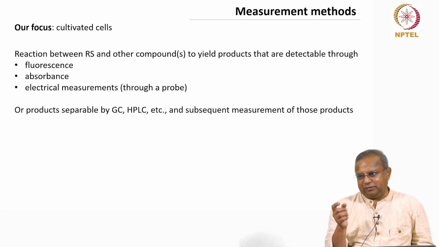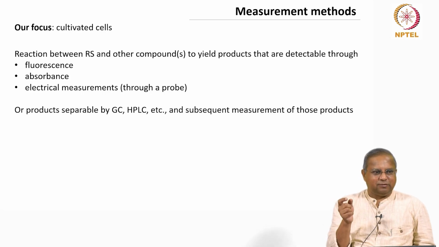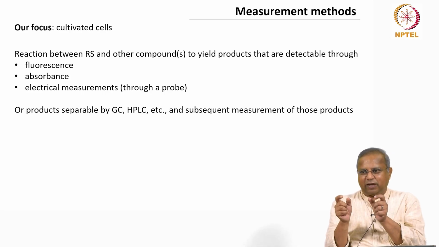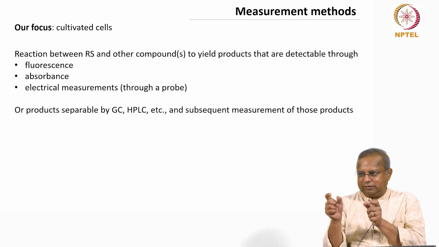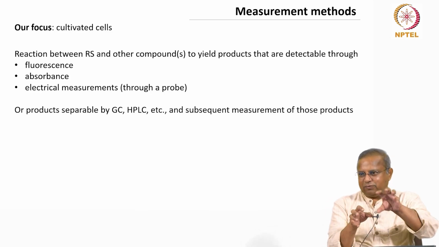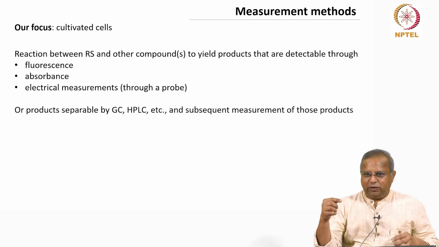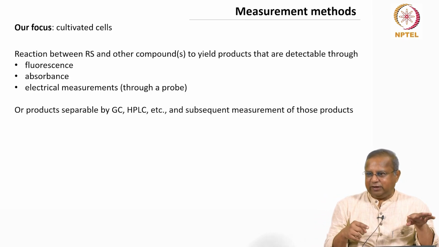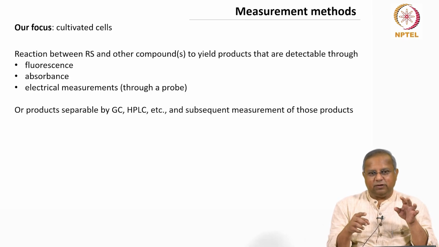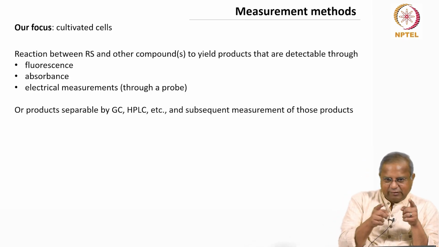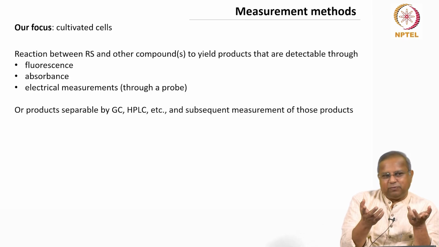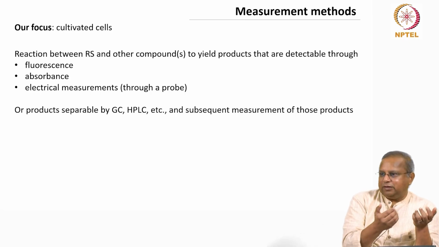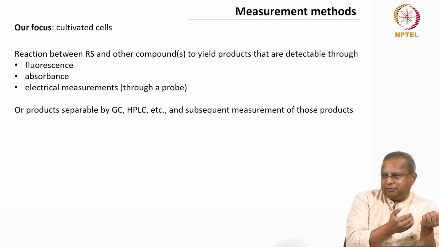It's a weak base, so the weak base in its uncharged form gets into the cell, and it establishes a new equilibrium inside. So depending on the pH, it will establish a new equilibrium inside.